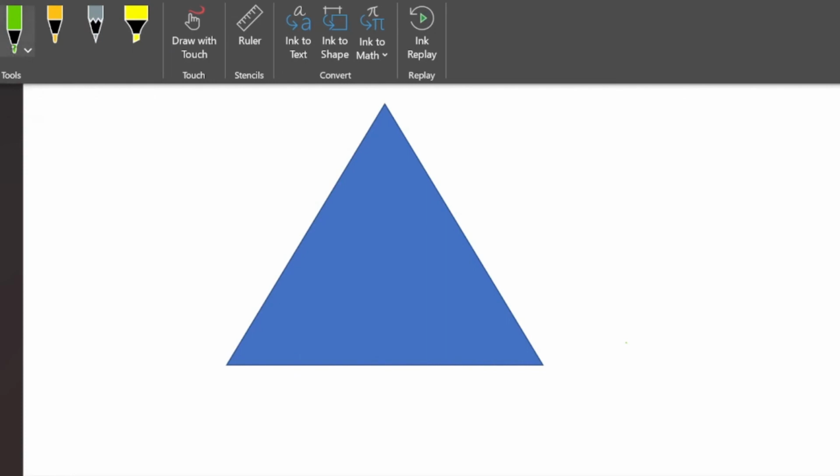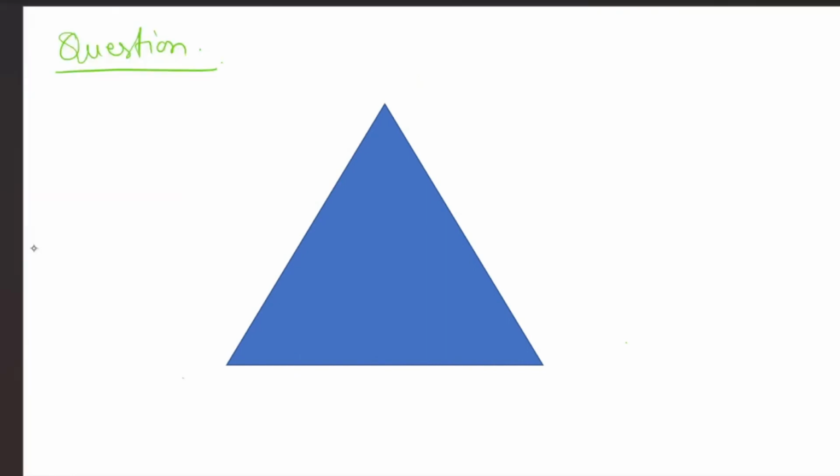So here, let's imagine there are charges. One is here and another one is here. This one is 20 microcoulomb and this one is also 20 microcoulomb. And here we have kept one charge of 1 microcoulomb.